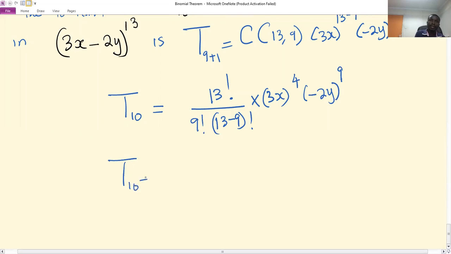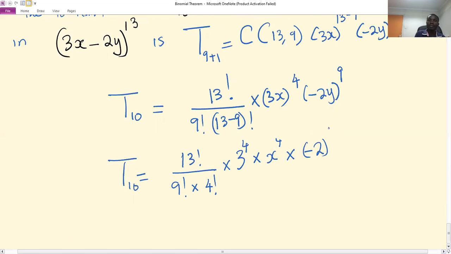So T10 is 13 factorial over 9 factorial times 4 factorial, times 3^4 times x^4 times (minus 2)^9 times y^9.